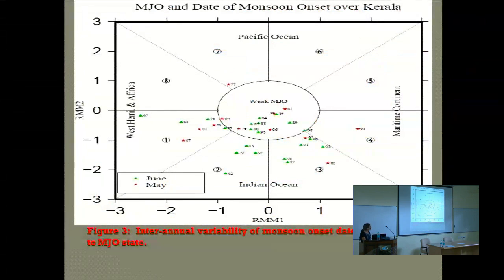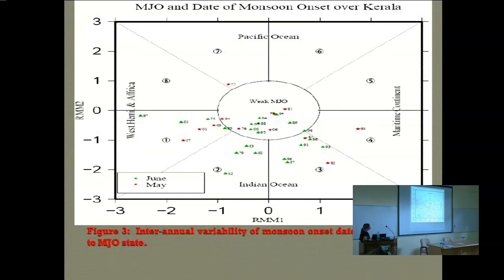So this is the MJO phase space diagram. These are the 8 phases of MJO. Whenever we talk of intraseasonal variability over the Indian region, then we talk of MJO.